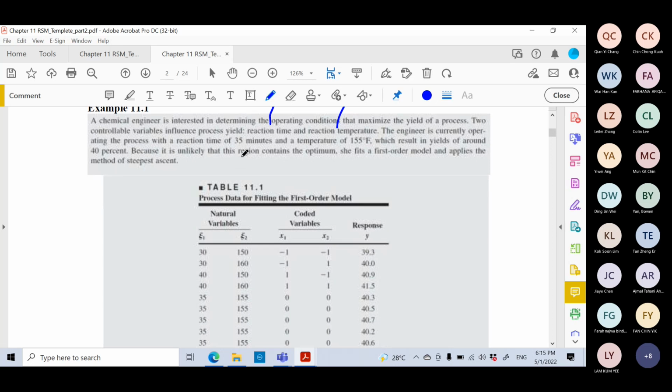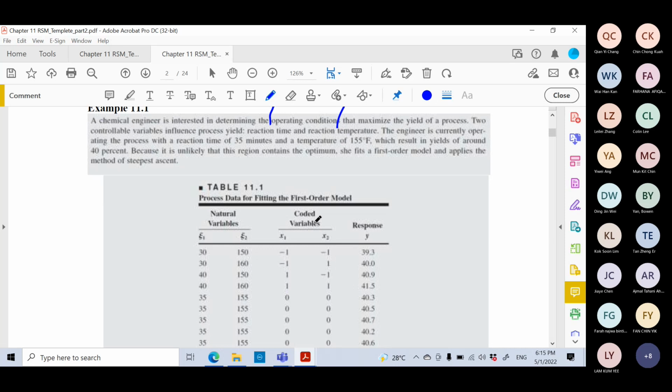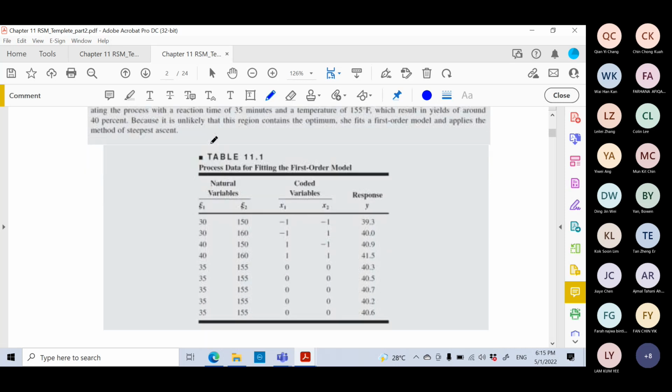Because it's unlikely that this region contains the optimum, he should fit the first order model and apply the method of steepest ascent. They found that the yield is still only around 40%, so they think they may be able to find a region with an optimal solution. This is what you are familiar with: both of them at the low level, using the notation of -1.